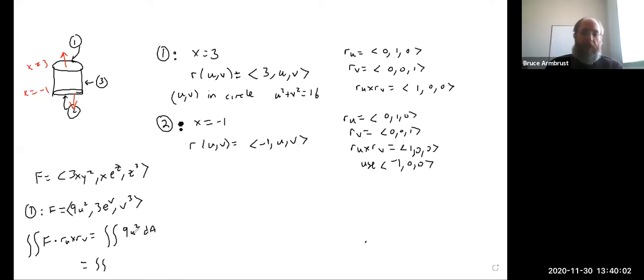It doesn't really matter. I'll use r. But we'll have 9r squared cosine squared times r dr d theta. The r's are going to go from 0 to 4, and the thetas are going to go from 0 to 2 pi. So that'll get me my flux over that one.